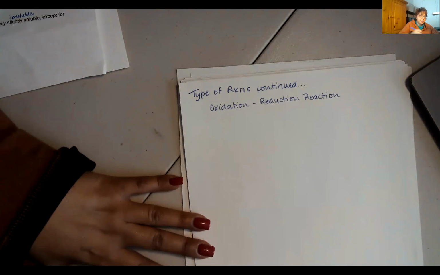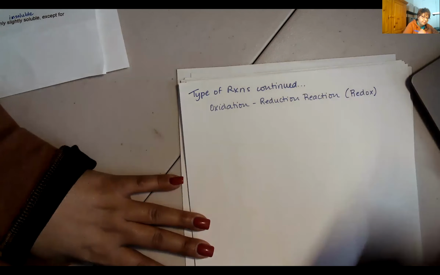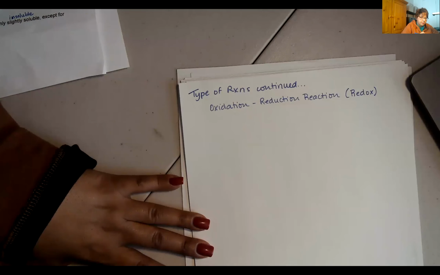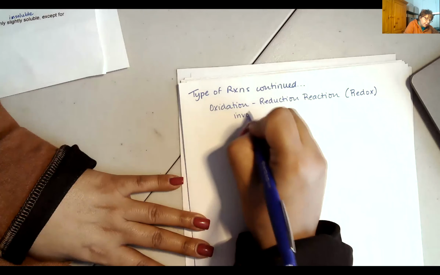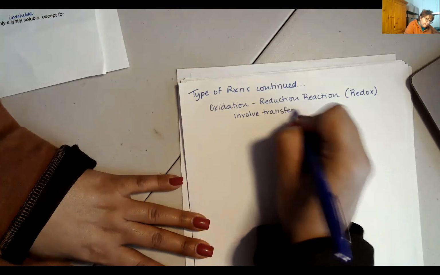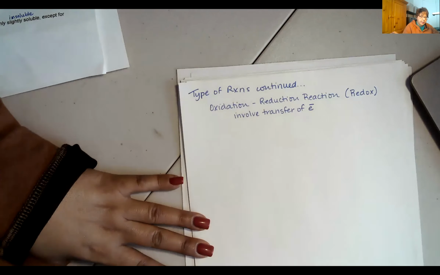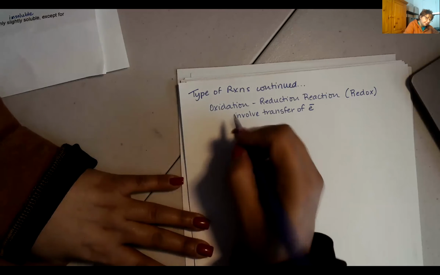An oxidation reduction reaction sometimes is called a redox reaction. These types of reactions involve a transfer of electrons. And it's really kind of like two things happen at once, always.